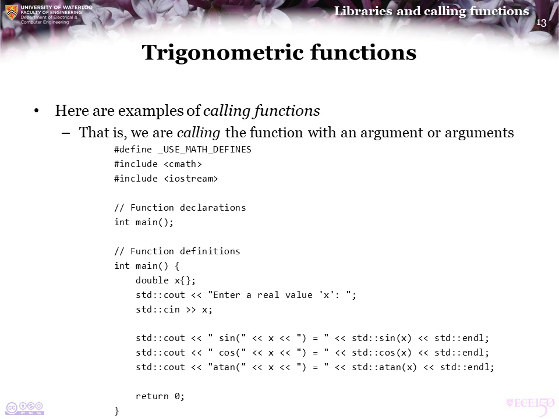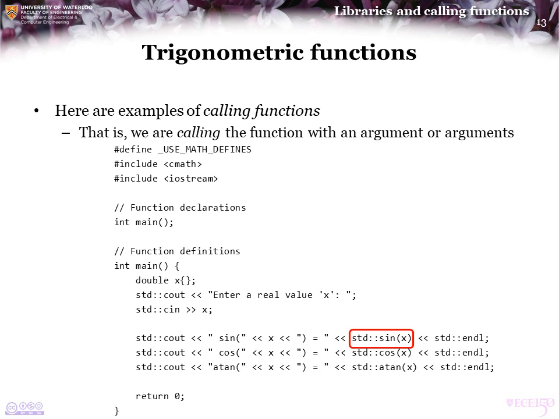Now, here's an example of calling functions. That is, we are calling the functions in the cmath library with an appropriate argument, or in other cases, arguments. So in this example, we query the user for a value of x. The user can enter whatever real value of x they wish, and we will then print out and calculate sine of x, whatever value of x the user passed.